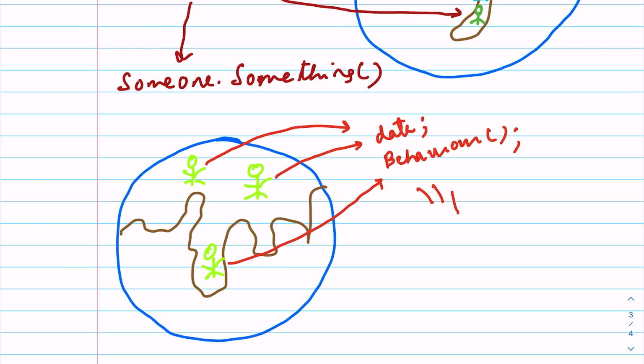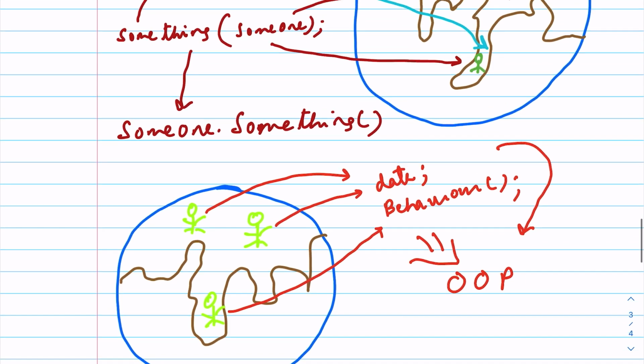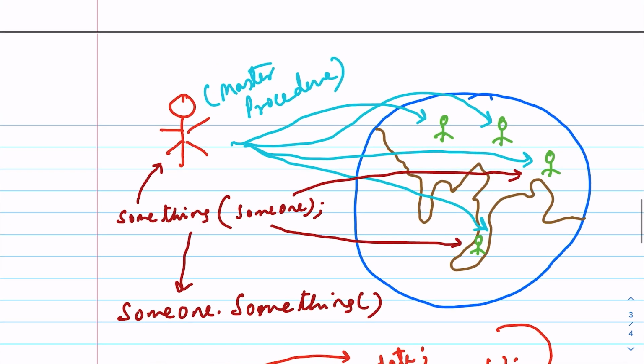There come our object oriented principles, which help us to achieve this kind of behavior. A single entity can have its own data and behavior, their own data and free will. In procedural oriented programming, these entities simply had their own data.